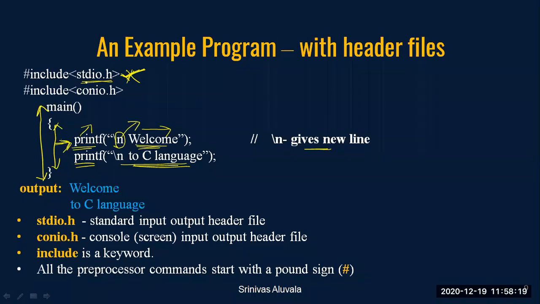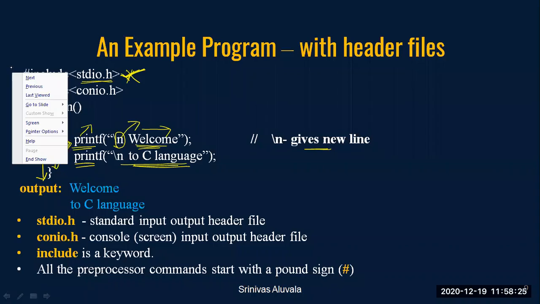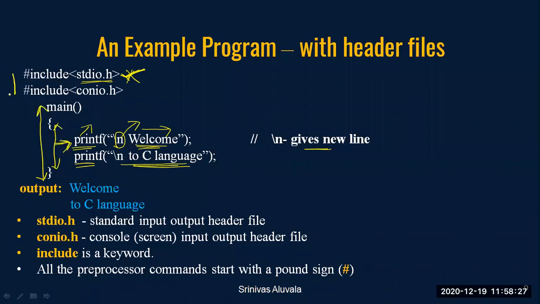When we want to add a header file to a program, we need to use a preprocessor command, and that preprocessor command here is include. So for adding header files to programs in C, we use a preprocessor command called include.